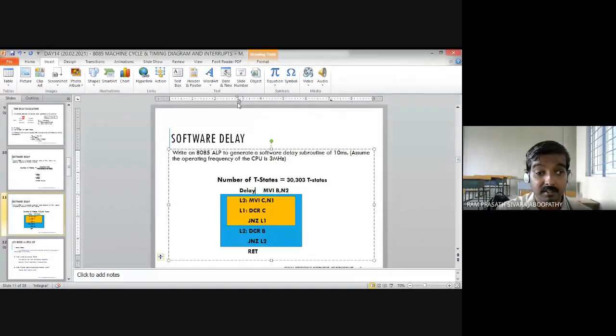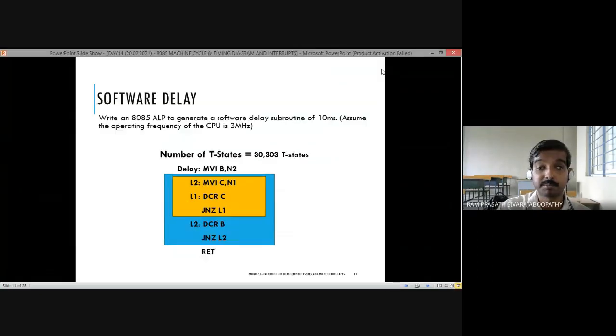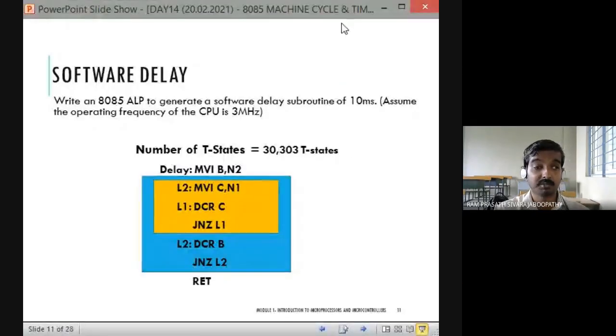Correct? So that it will be meaningful. So now I can use the instruction call delay. To call this particular program, I can use the instruction call with the label of the program, delay. The first line is labeled as delay.